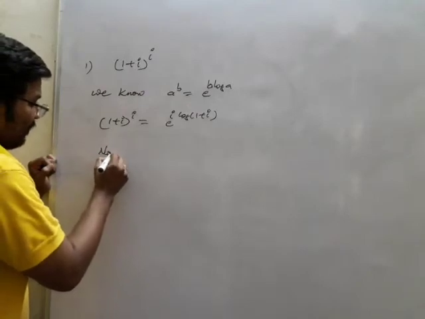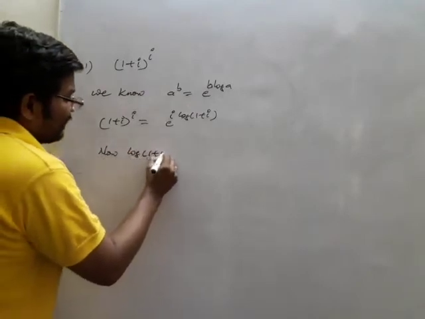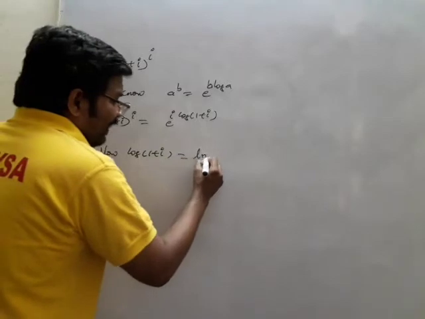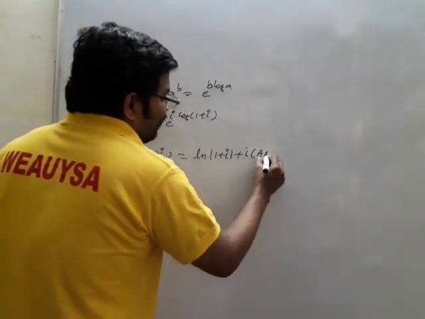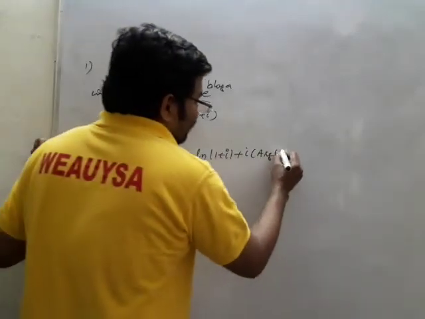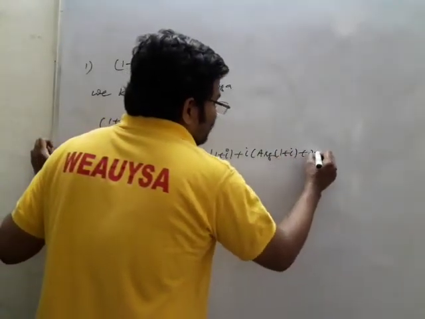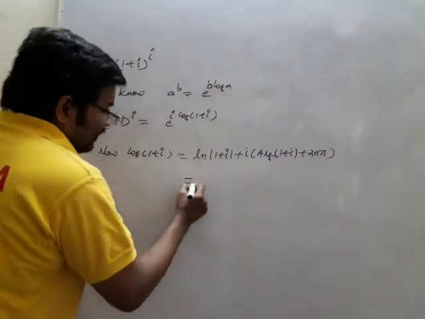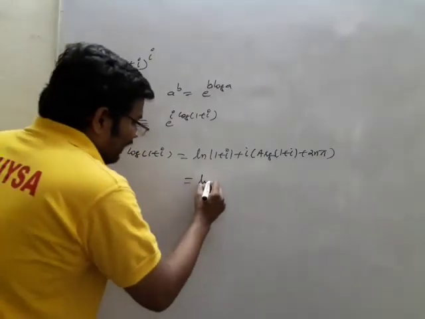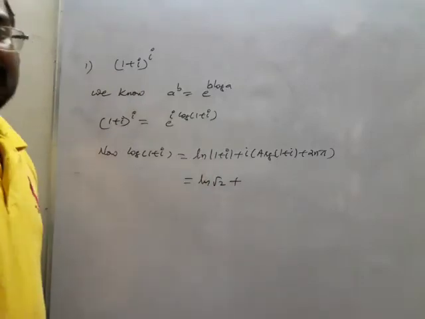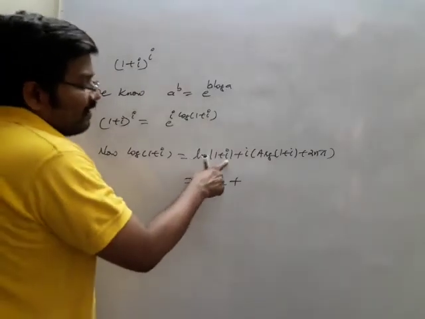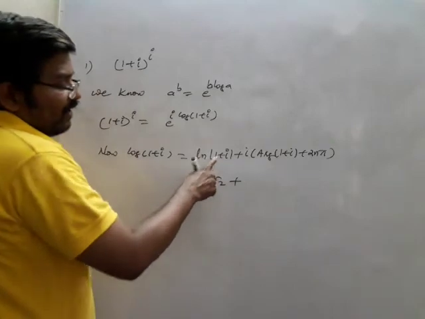Now log of 1 plus i is equal to ln of the modulus of 1 plus i plus i into the argument of 1 plus i plus 2n pi. This is ln of root 2, because the modulus of x plus iy is the root of x square plus y square. 1 square is 1, 1 square is 1 again, so root 2.